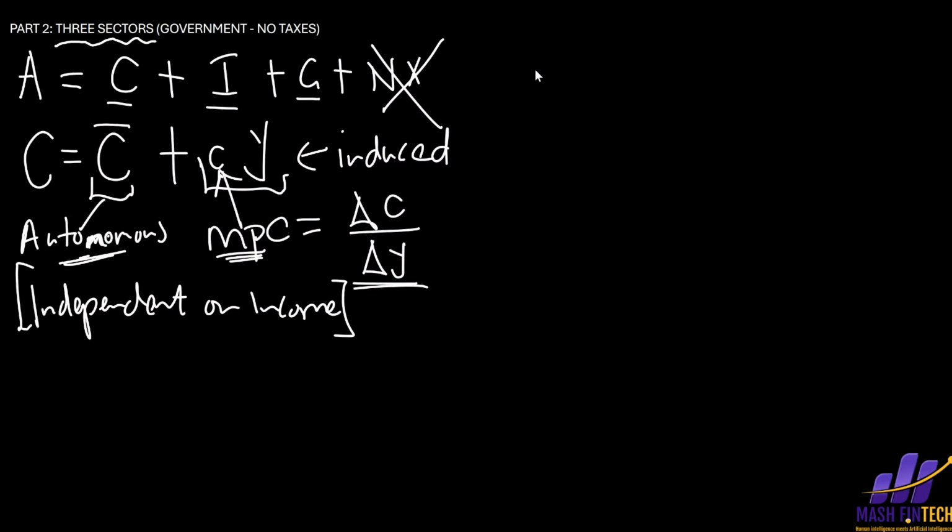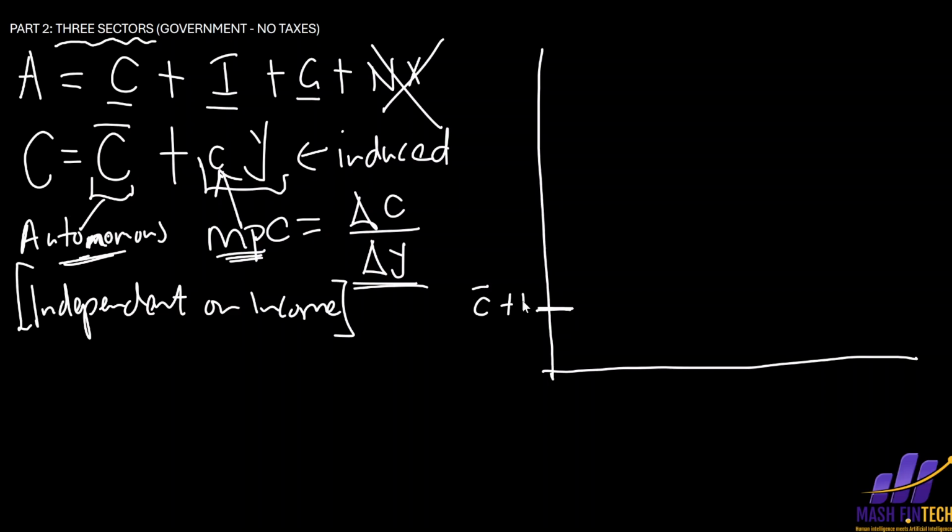Initially, we had this. So what I'm going to put here is the total spending with autonomous consumption and autonomous investments. Always draw the 45-degree line, don't forget it, which is our line of equilibrium. This angle here is 45 degrees. It shows you all equilibrium points where total spending is equal to the level of output.